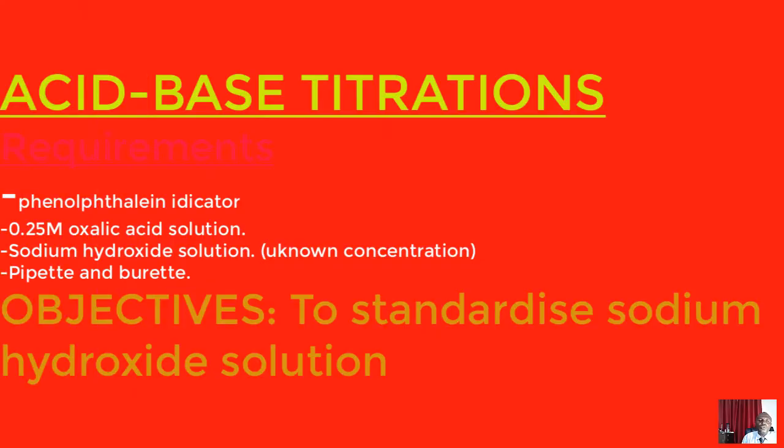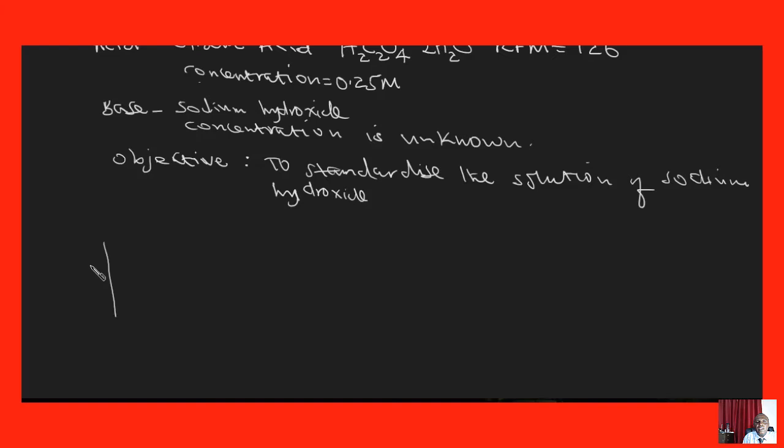We have two solutions, oxalic acid and sodium hydroxide. The result we have now is the solution of sodium hydroxide, whose concentration is unknown.